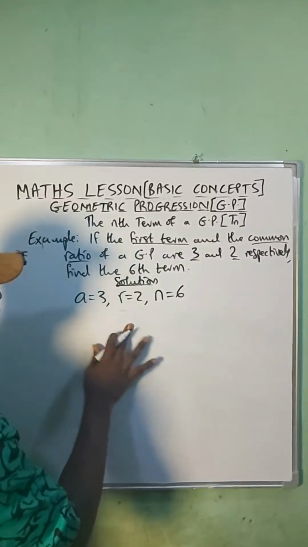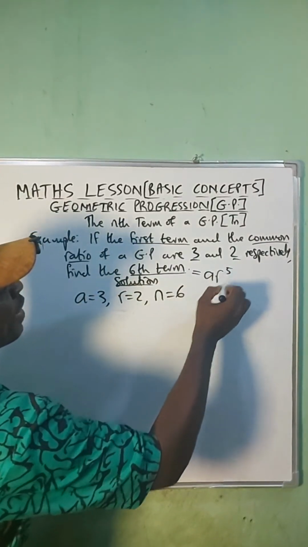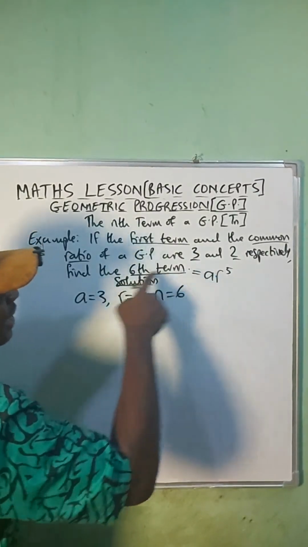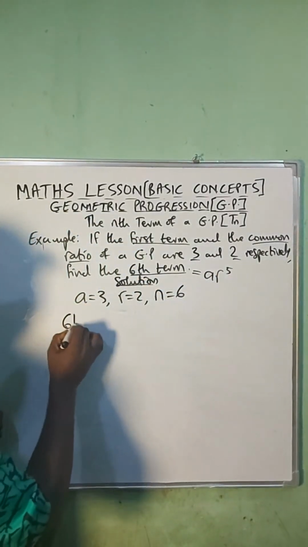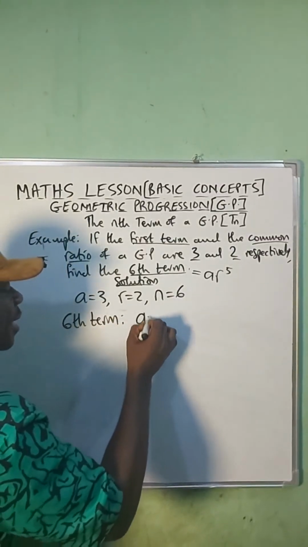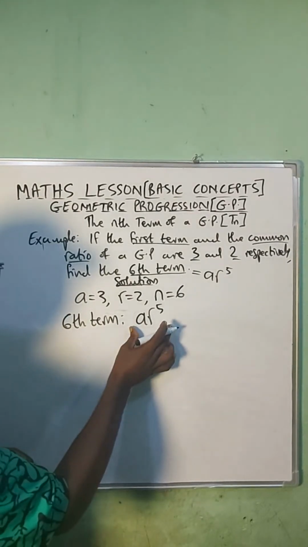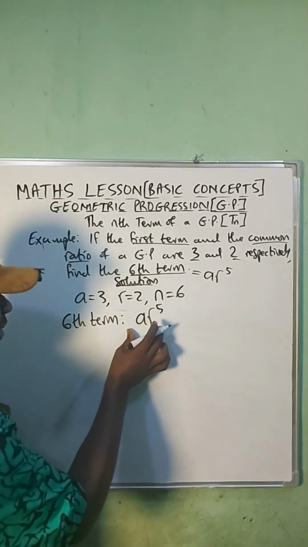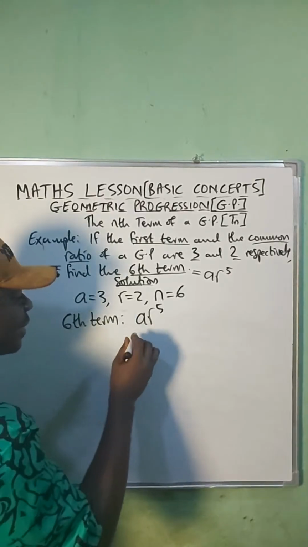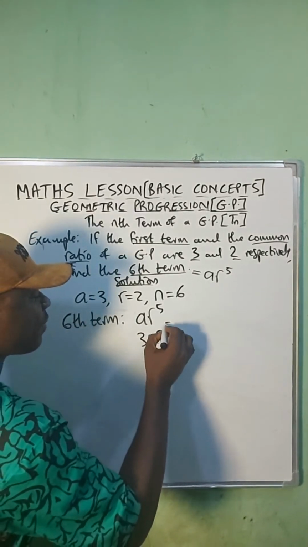Sixth term simply means AR to the power 5, because the power of R will be 1 less than this one. So the sixth term is AR to the power 5, where A is 3 and R is 2 to the power 5.